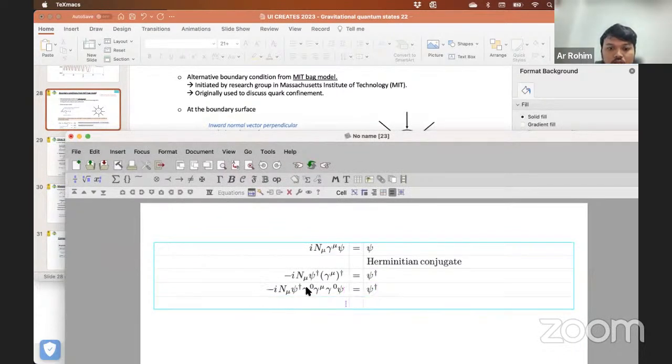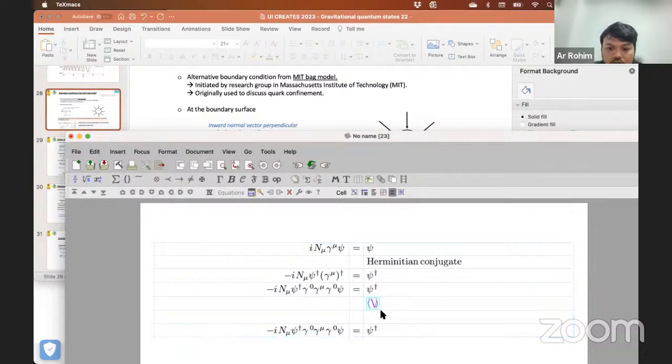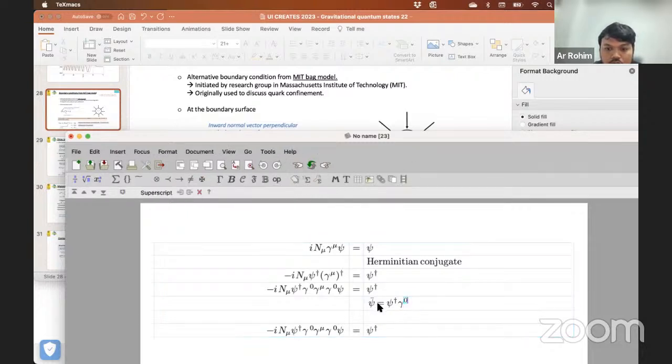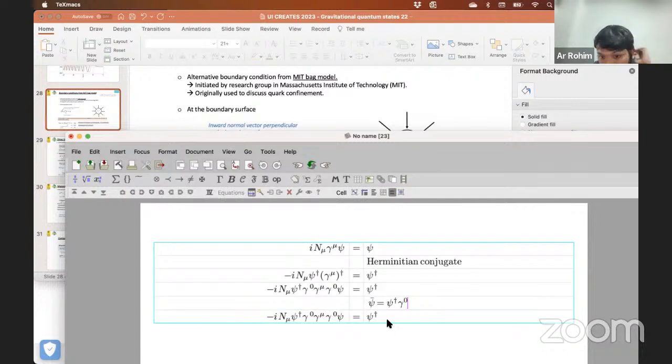And you may also check this one. Then we next use this one equals to zero. So this one is written by this one.